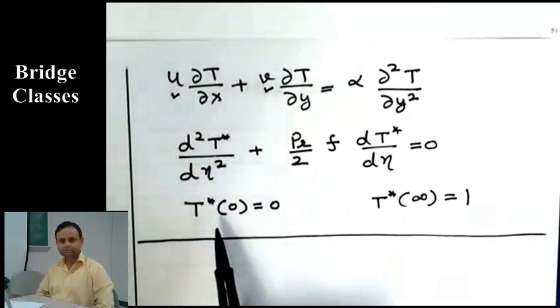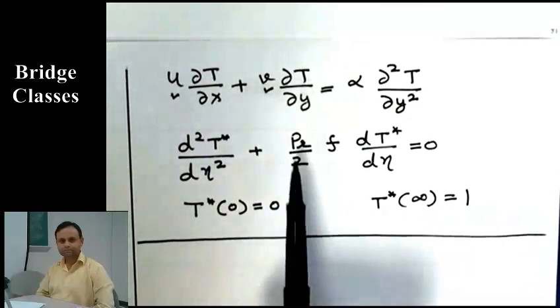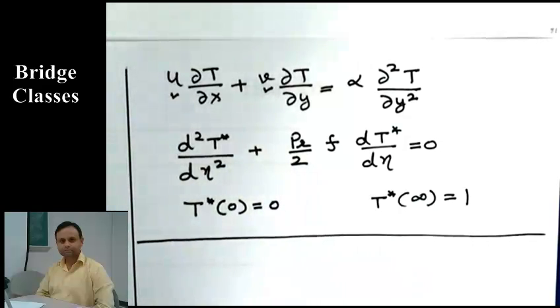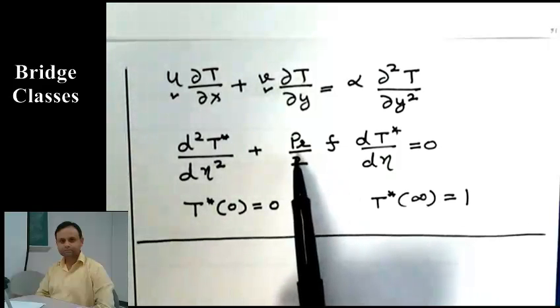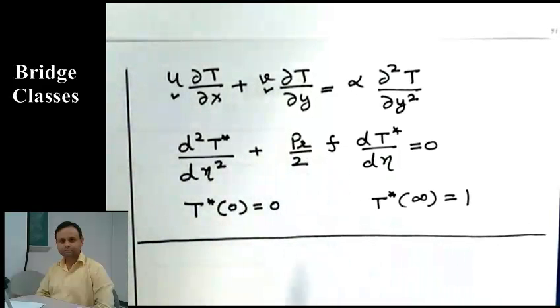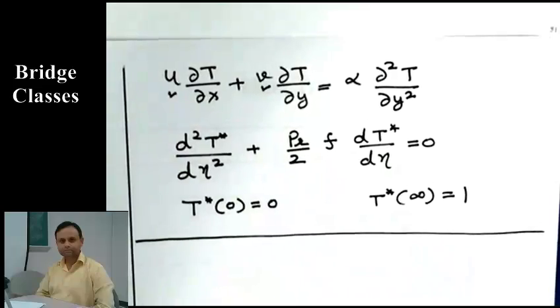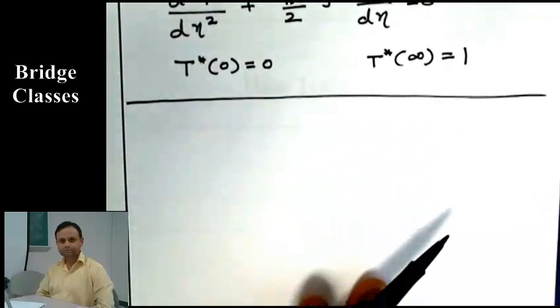This equation also can be solved numerically for different values of Prandtl number. We already have the solution for f, which was based on the solution for the velocity profile. For different values of Prandtl number we can solve this equation numerically, and I'm just going to plot how the solution looks.